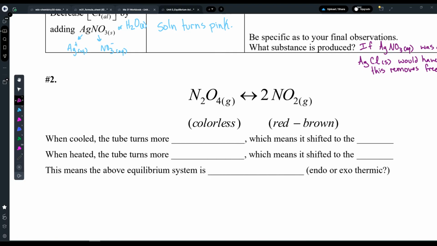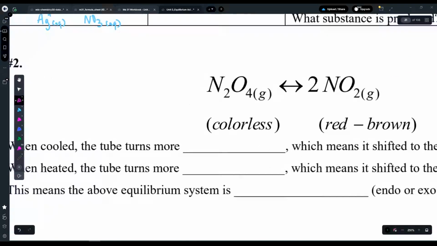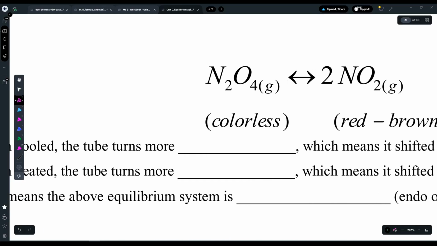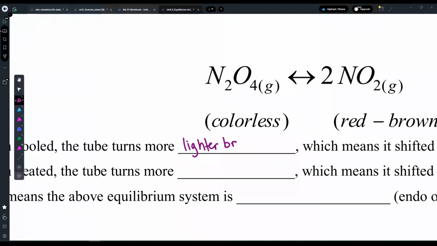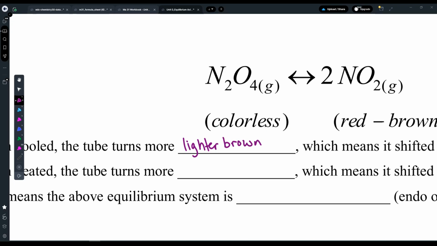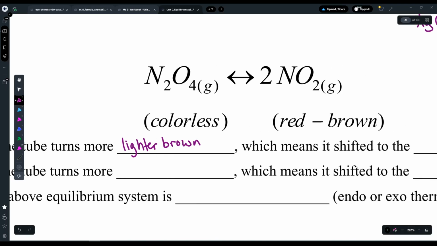So it turns more colorless, but it doesn't ever reach colorless just because she didn't leave it for very long. But we are going to say that it turned a lighter brown. So that means it's moving towards the colorless dinitrogen tetroxide.